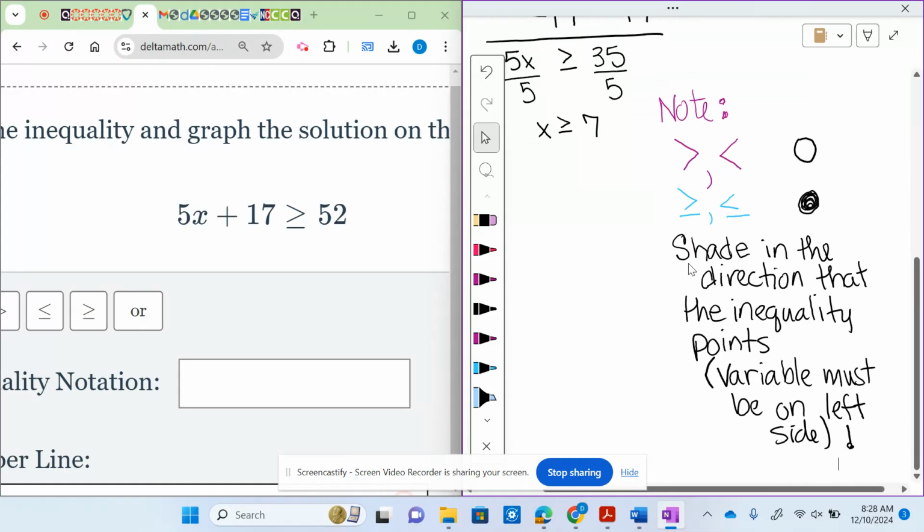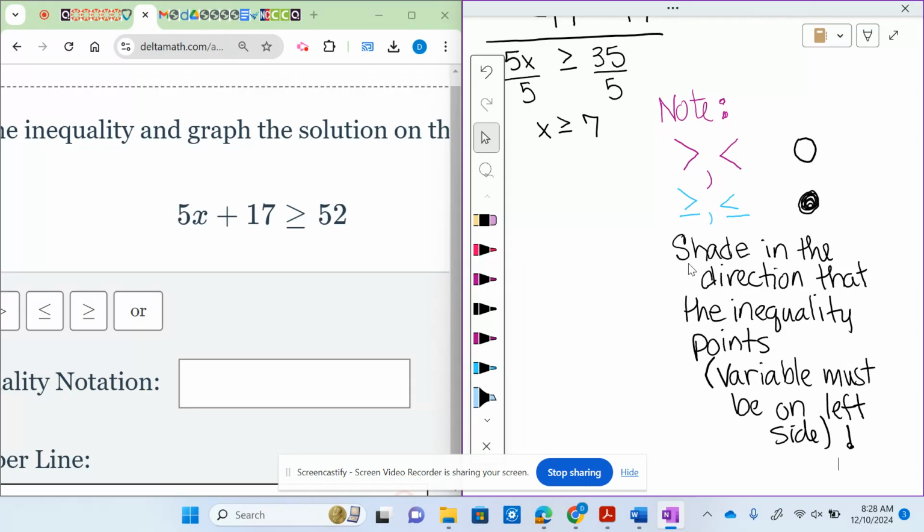So draw your symbols: greater than, less than, open circle, greater than or equal to, less than or equal to, closed circle, and then write the note that we shade in the direction that the inequality points, but the variable must be on the left side. So we have the solution: x is greater than or equal to 7.